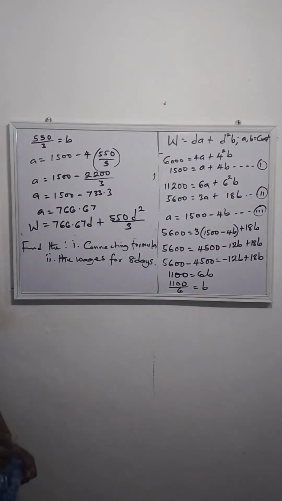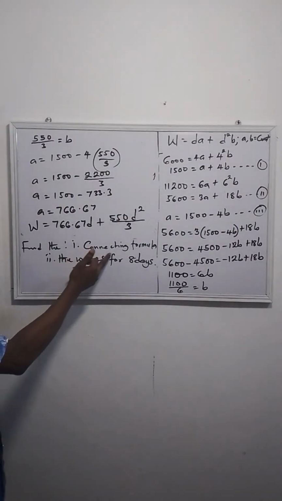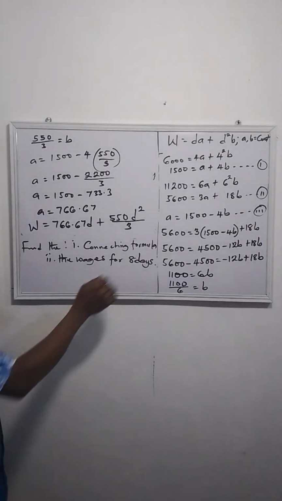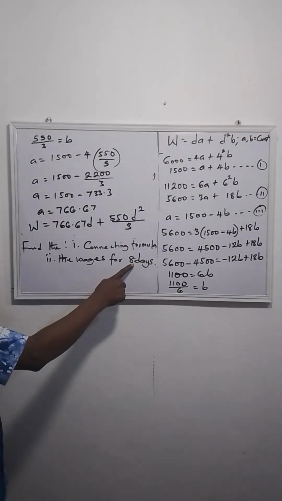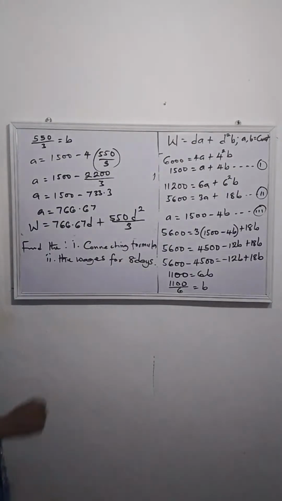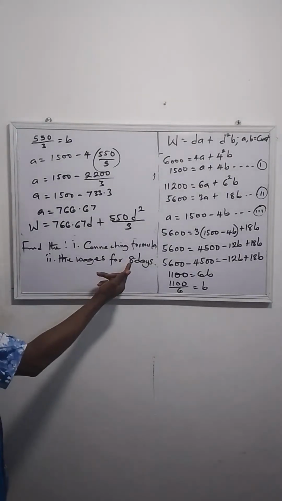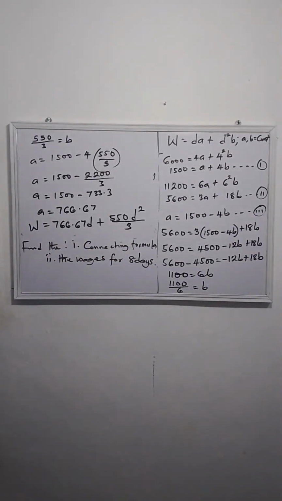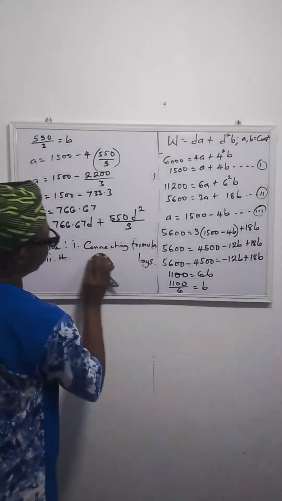All right. So now the question wants you to find the wages when the number of days is 8. So all we just need to do is to plug in this 8 into this connecting formula. So we get the wages.